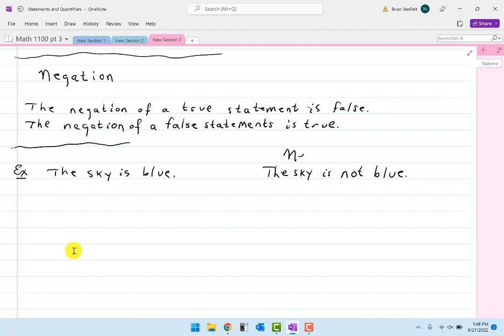So that's the negation of that statement. The pen is not red. The negation is the pen is red.